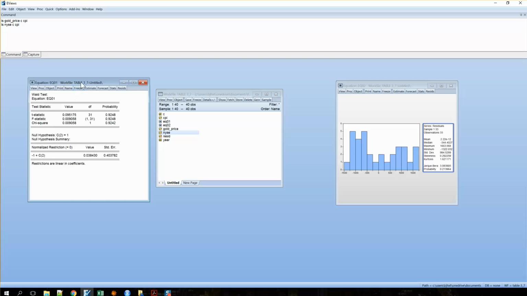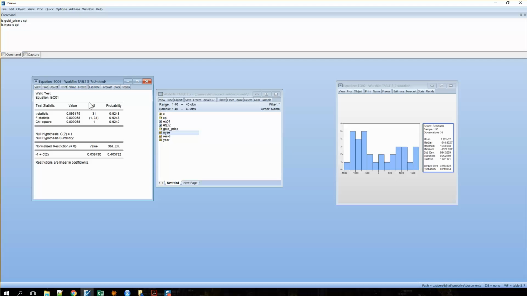Okay. So we get a test statistic here, a t-value of 0.09, which is very low. Doesn't exceed our critical value, I think, which is about 2 or something for a 95% confidence interval.